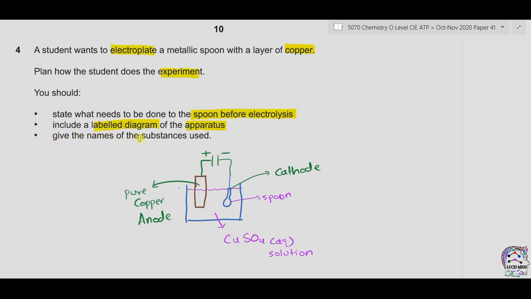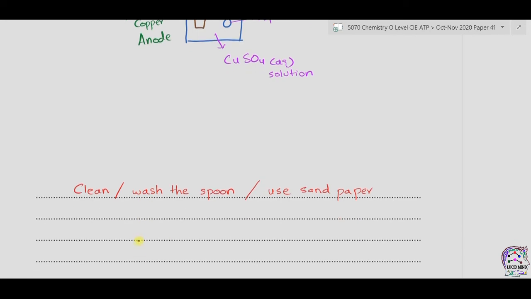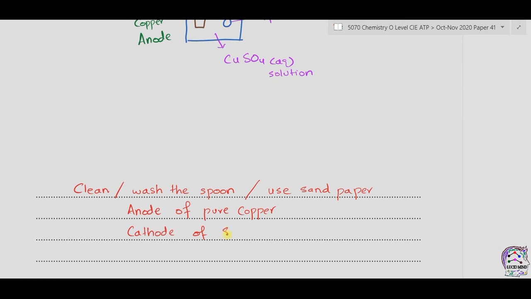The third point is to give the names of the substances used. So we can write that we have taken an anode of pure copper, a cathode of spoon, and an aqueous solution of copper salt, which is copper sulfate.